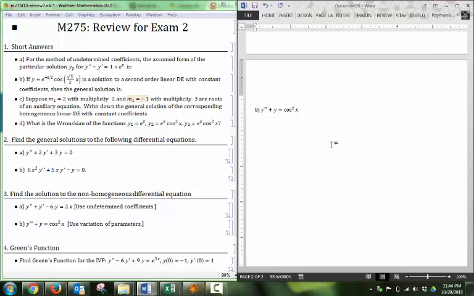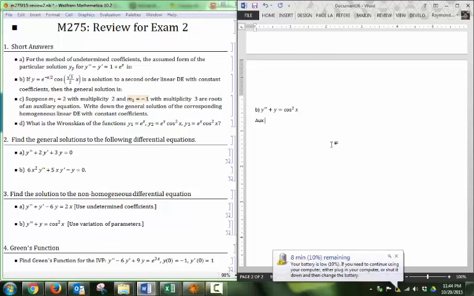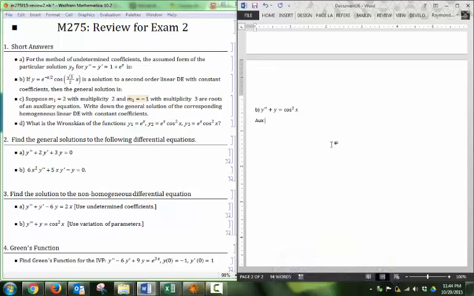Alright, so what do we need for the variation of parameters? Well, it looks like first we will need the solution to our homogeneous part. So the auxiliary equation is going to be m squared plus 1 equals 0, and that's going to give us plus and minus i.